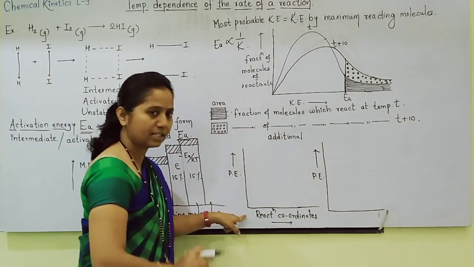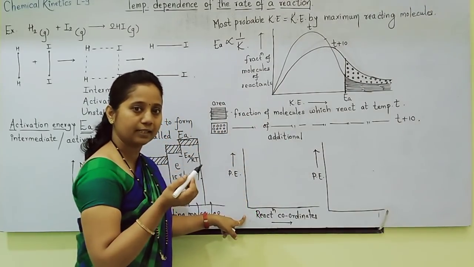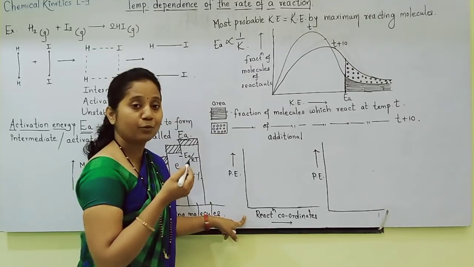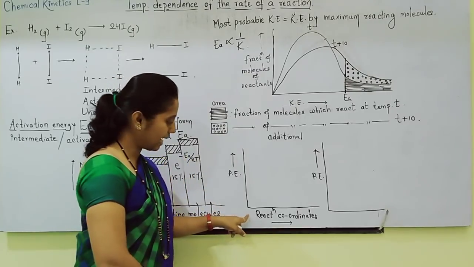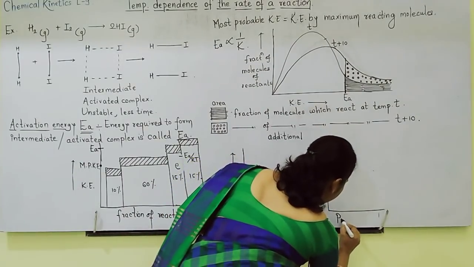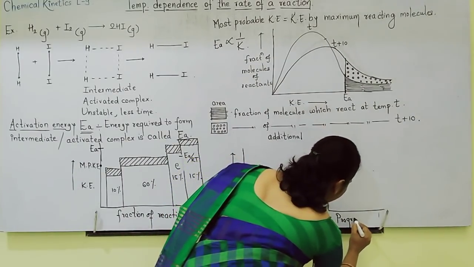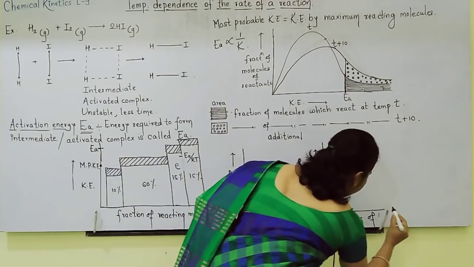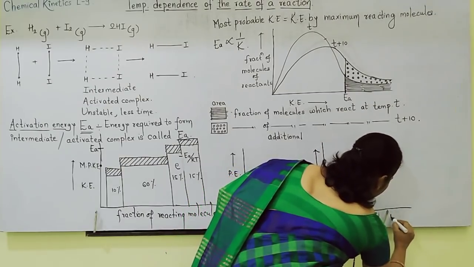Students, whoever don't understand what is reaction coordinate, you can write instead of that progress of reaction. Reaction coordinate is nothing but progress of reaction. I am writing both: progress of reaction.